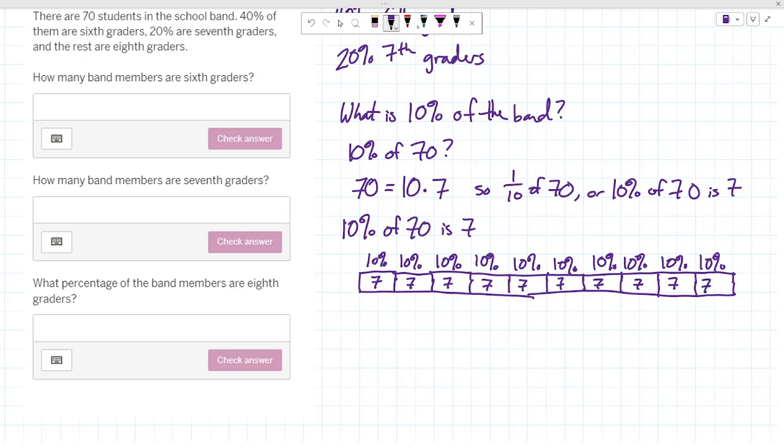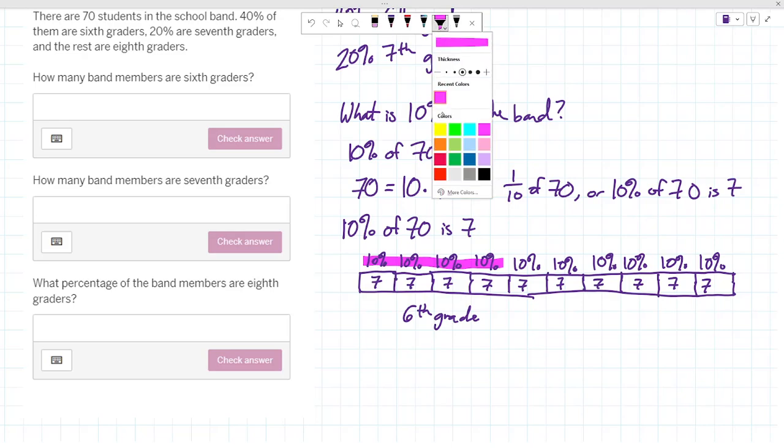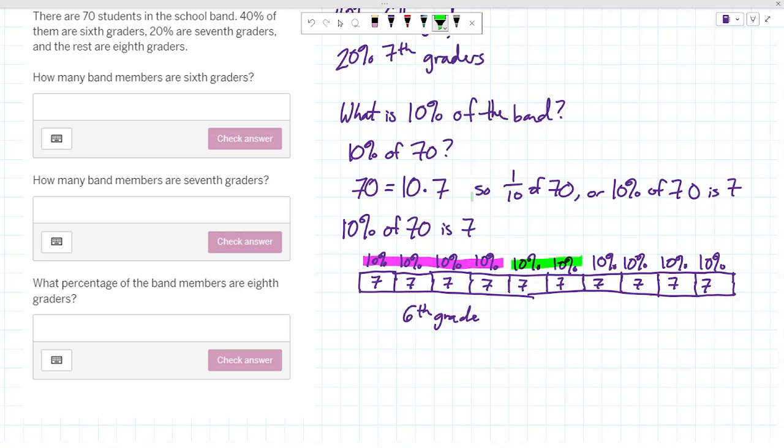Okay, so 40% are 6th graders. So 10, 20, 30, 40% are in 6th grade. And 20% are 7th graders. So 7th grade.